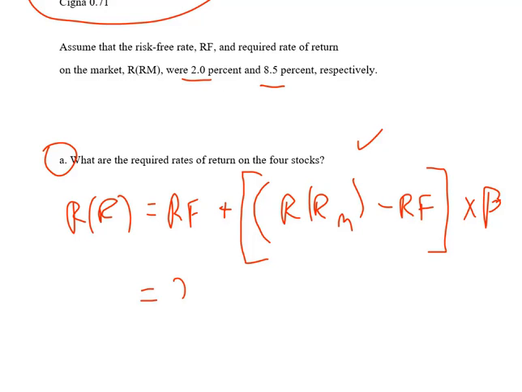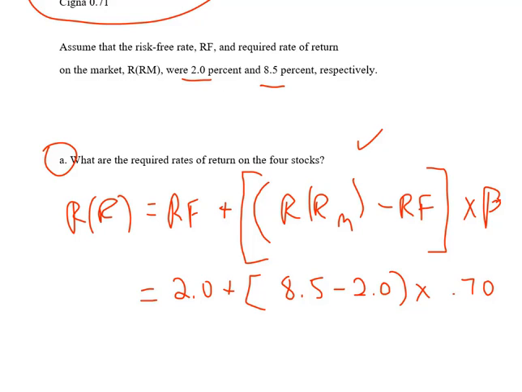Risk-free we know is 2.0, plus, I'll put my little brackets here, our required market return rate was 8.5 minus risk-free again, times the beta, which we said was 0.70.